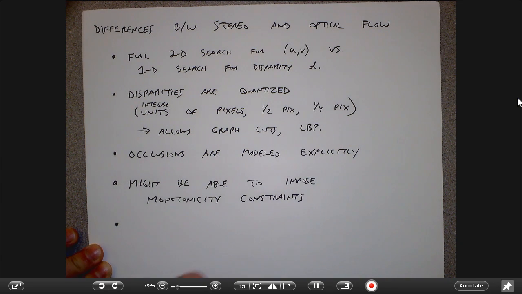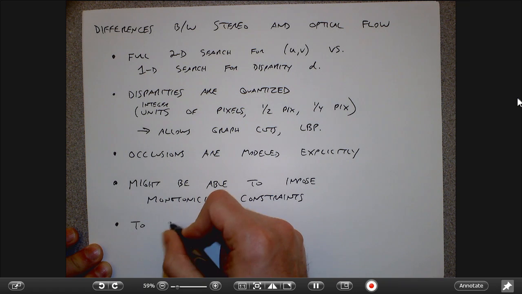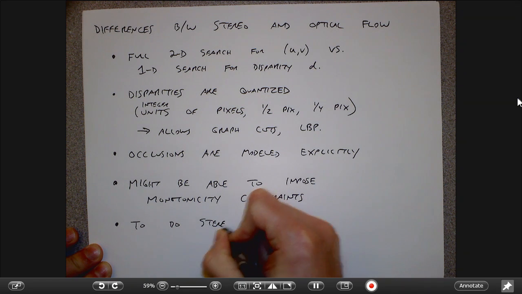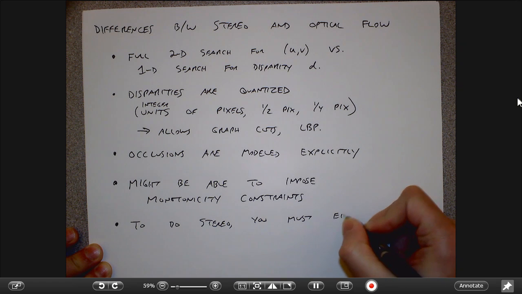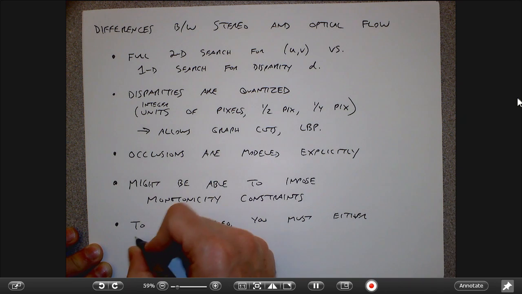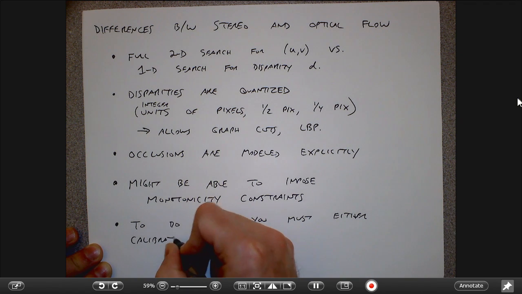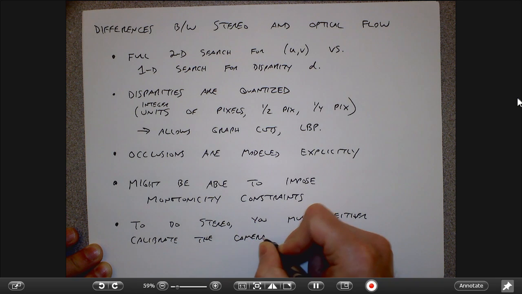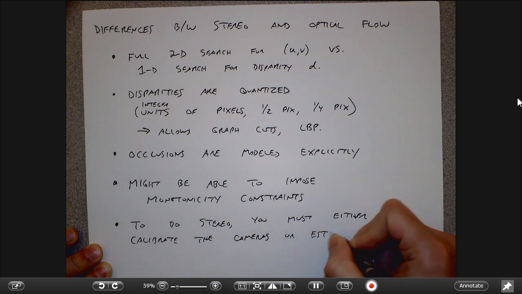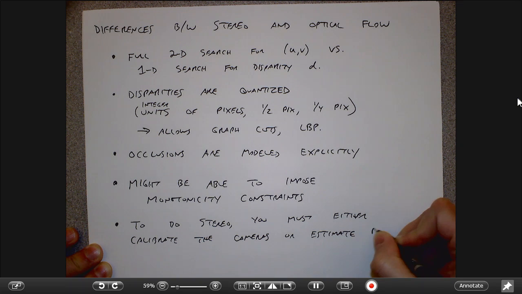So the other thing is that, to do stereo, you must either calibrate the cameras or estimate epipolar lines.